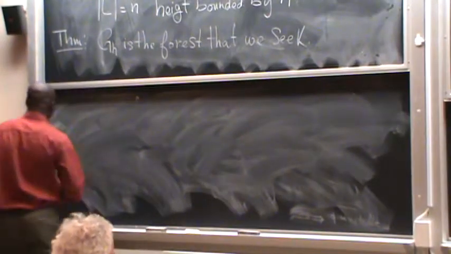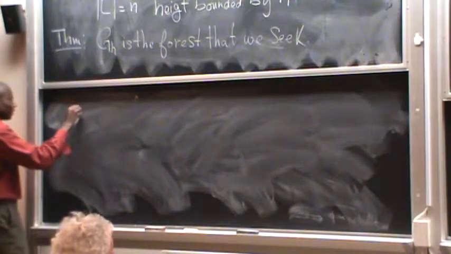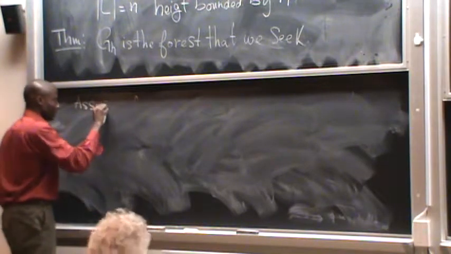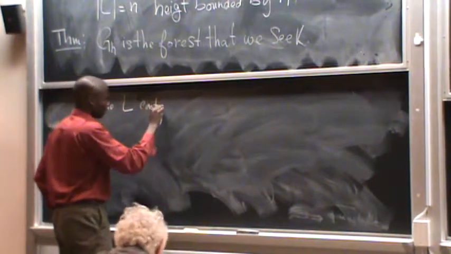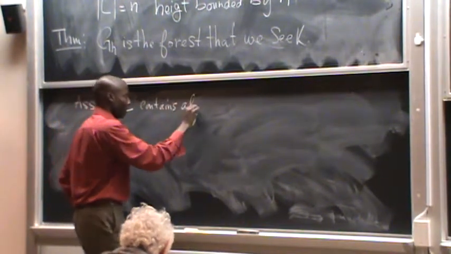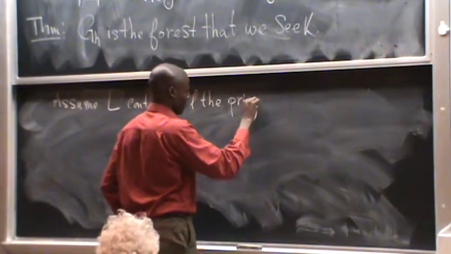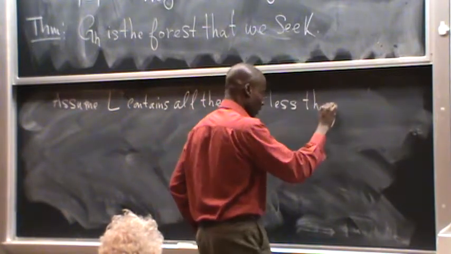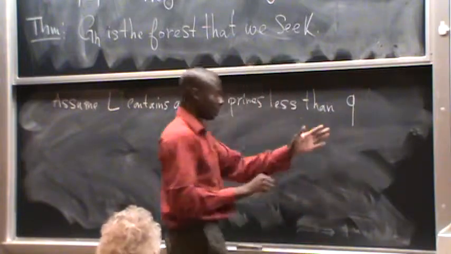So suppose you know all the primes that are less than n. So assume your label set L contains all the primes less than or equal to some integer, let's call it q. So q could be prime or not.